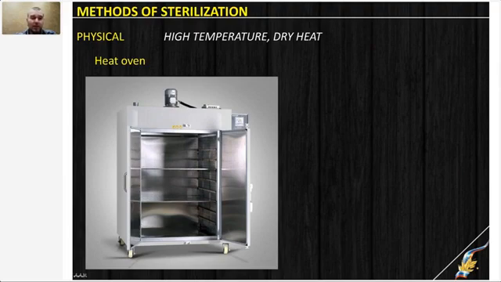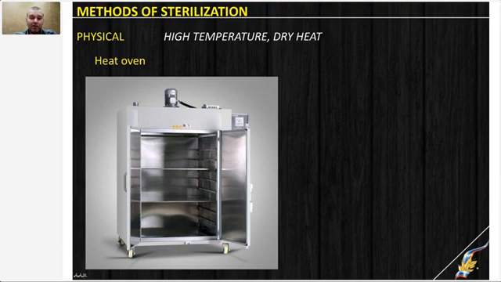It is separate device made of metal double walls, and actually it is a closed chamber with heating element and fan. And in that chamber, temperature can be raised up to 200 degrees Celsius, and according to complexity of instrument, we can use 30 minutes till 2 hours duration of sterilization procedure, and it is a dry heat.